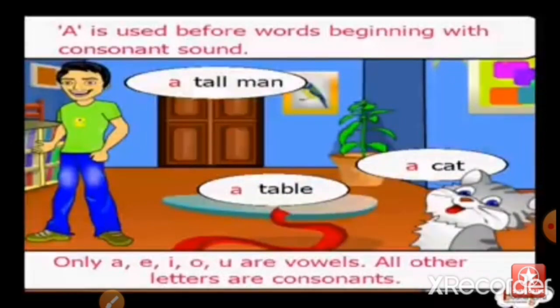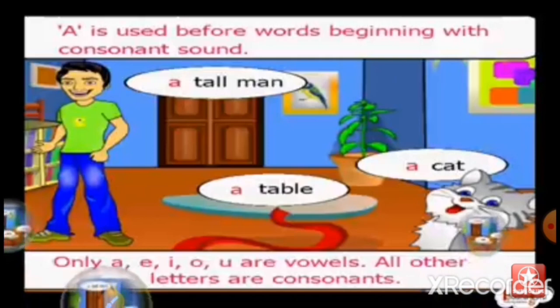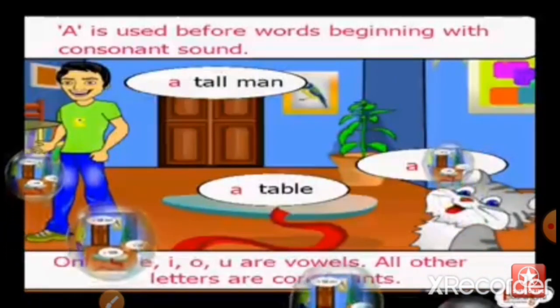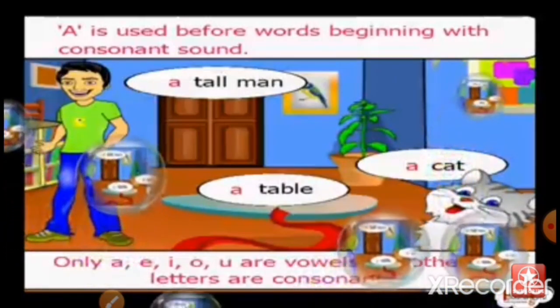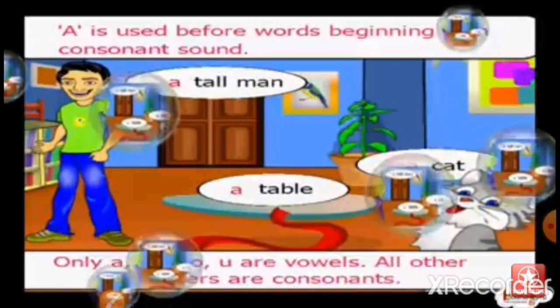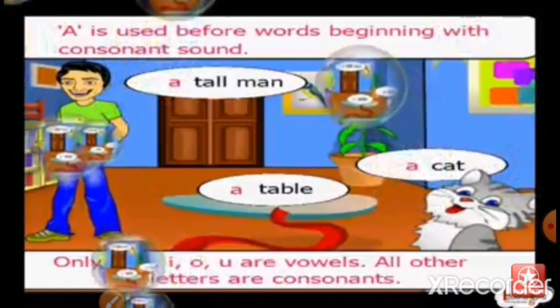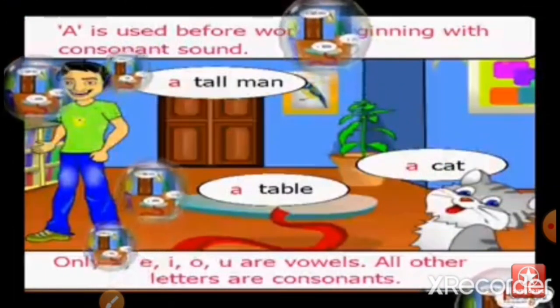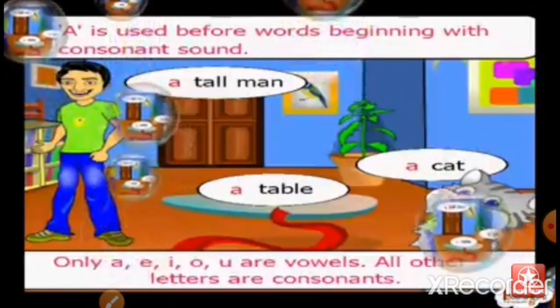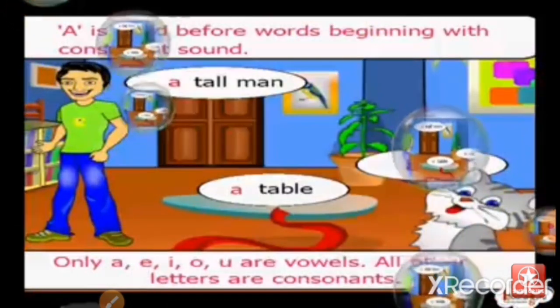A is used before words beginning with a consonant sound, like a tall man, a table, a cat. Only A, E, I, O, U are vowels and all the other letters are consonants. You know very well, children, how many alphabets are in English?